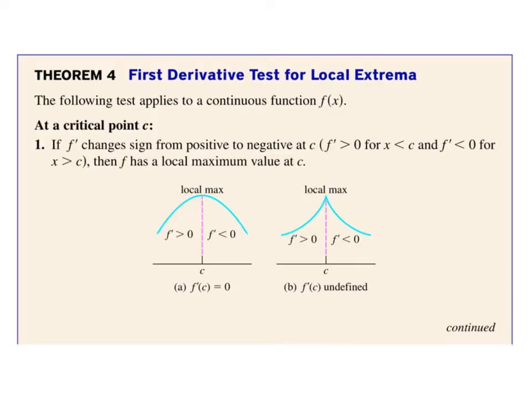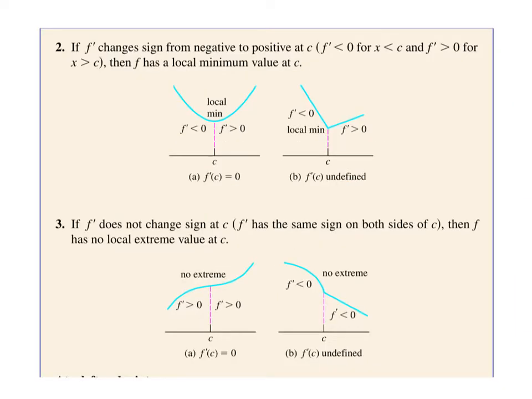The first derivative test is what we just talked about, where if the slope switches from a positive slope to a negative slope, then it is a local max. You can see that on both of these. If the slope changes from a negative to a positive, like on both of these, that's a local minimum.